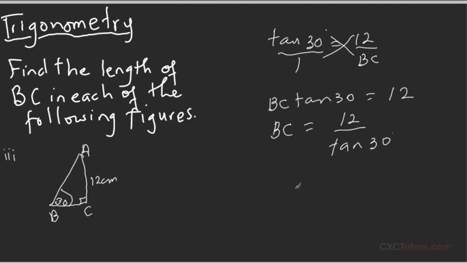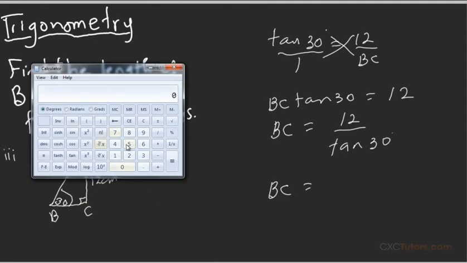And so if you are going to put in your calculator the entire tan 30, this is what we're going to have. BC is therefore equal to, and I'll demonstrate to you, you take your calculator, you're going to have 12 divided by, and then you press tan 30. So you have to know how your calculator works. For some persons you have to press 30 first, followed by the tan, like this calculator that we are using.